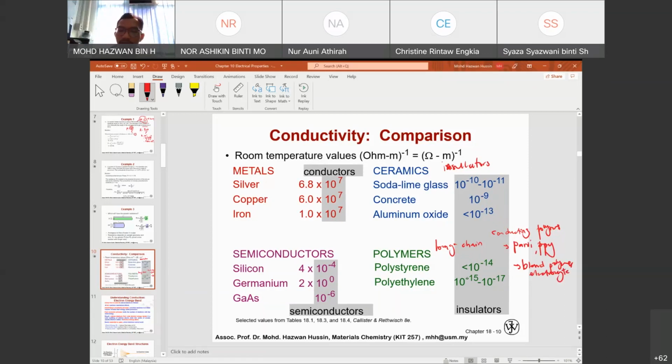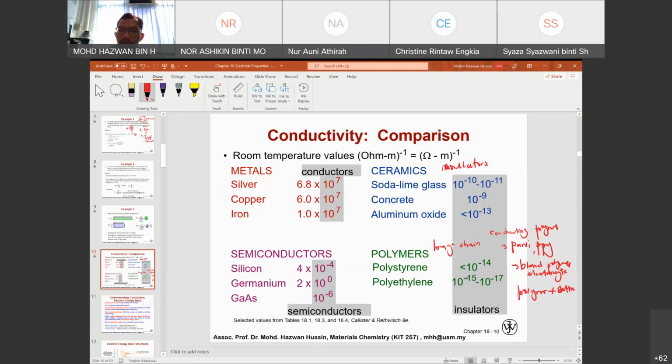So what does it mean? It means that you have polymer plus salts, or dopant. Normally, conducting salts, lithium salts, sodium salts, then this polymer electrolyte can be conducting and is normally used in most electrical devices.